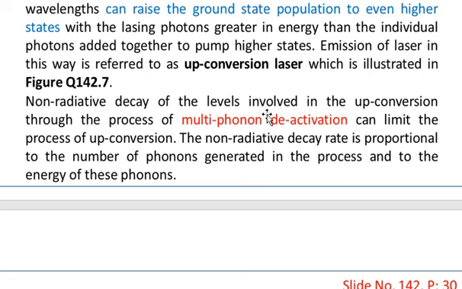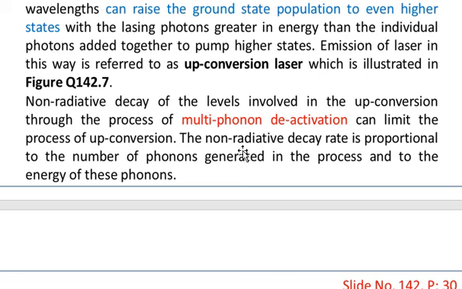The non-radiative decay of levels involved in the up conversion through multiphonon deactivation can limit the process of up conversion. The non-radiative decay rate is proportional to the number of phonons generated in the process and to the energy of these phonons. So you see that non-radiative decay is something we want to avoid, so that we can have a maximum population inversion in the upper laser level.